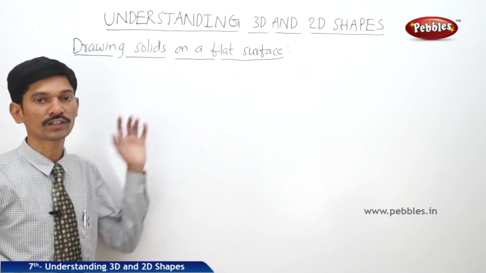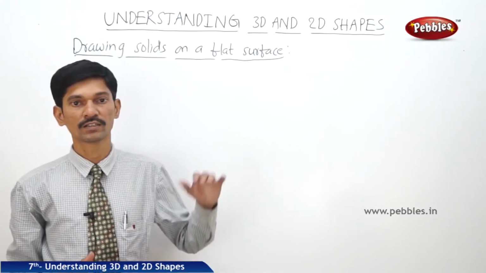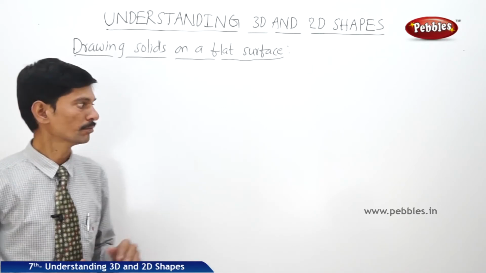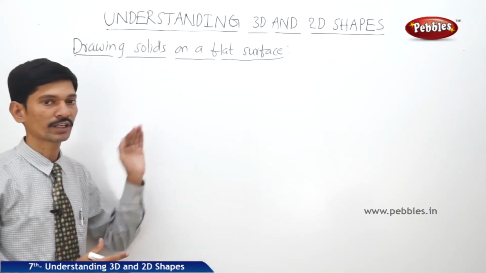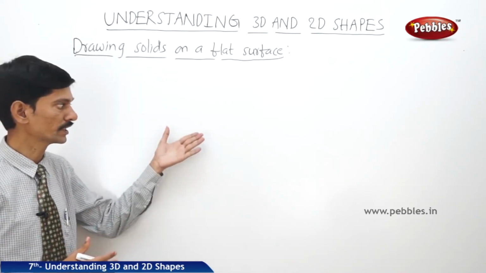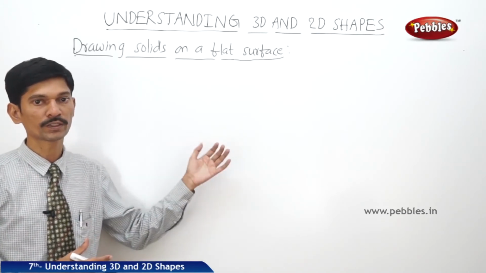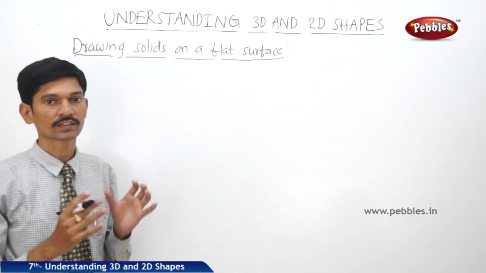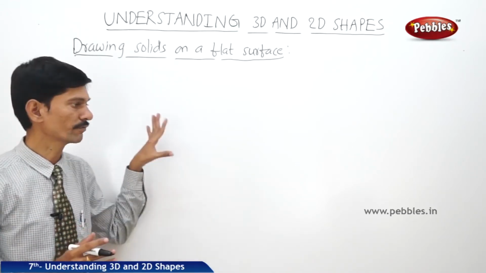Now actually any solid is a three-dimensional object because it has length, breadth as well as height. But when you draw any solid on a flat surface, that flat surface will have only 2 dimensions such as length and breadth. So then it is difficult to show the thickness of the solid on the flat surface.